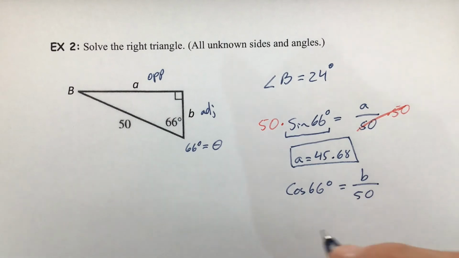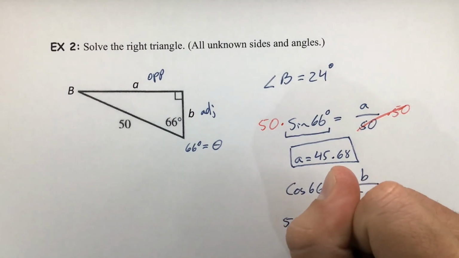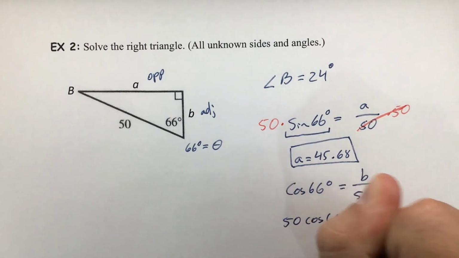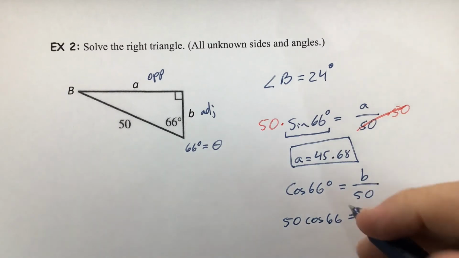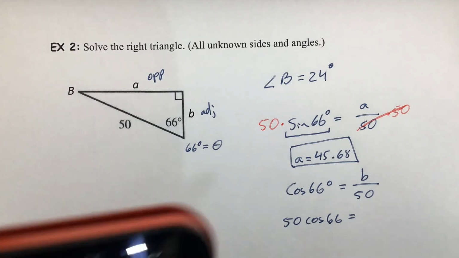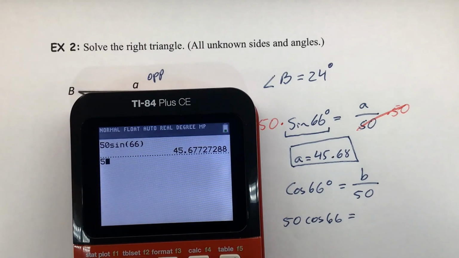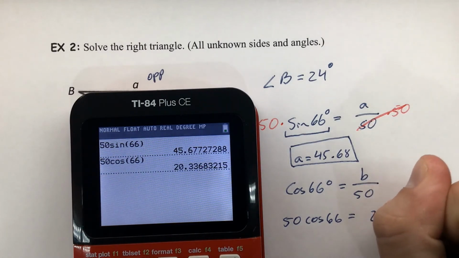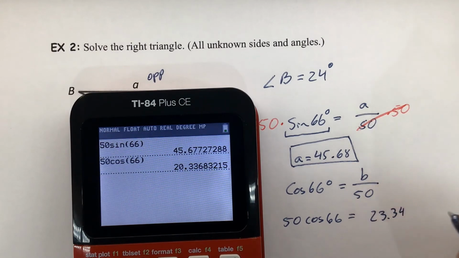So you could just skip ahead and go straight to the calculator with 50 cosine 66. Press enter, and that is going to give us 23.34. We'll go with that.